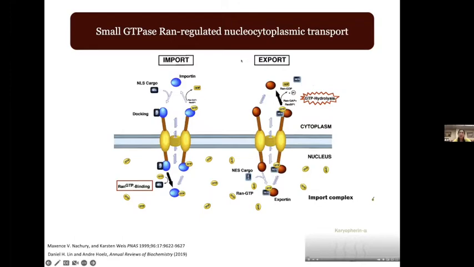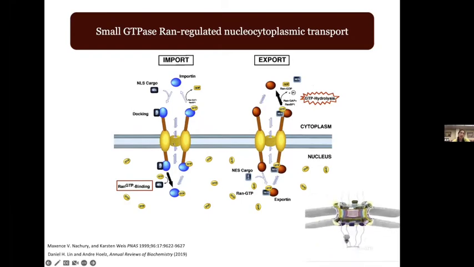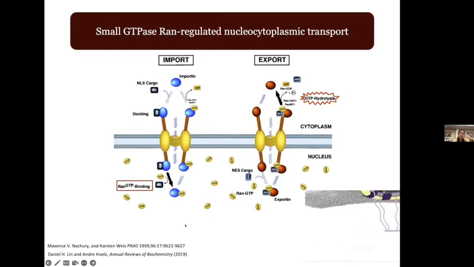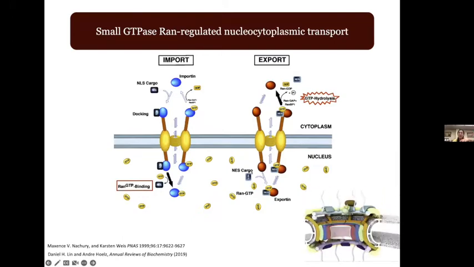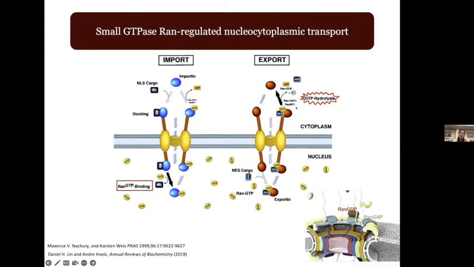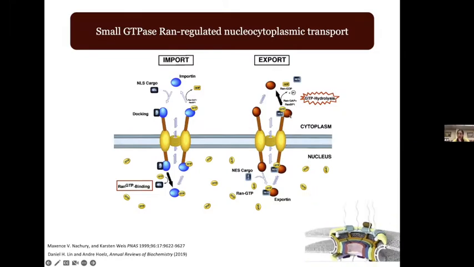This process is regulated by a small GTPase called Ran GTPase. The importin recruits the cargo in the cytoplasm and carries it through the central channel. When they arrive at the nucleus, it is disassembled by Ran GTP. The exportin does the opposite: it is assembled in the nucleus and disassembled in the cytoplasm by Ran GTPases.